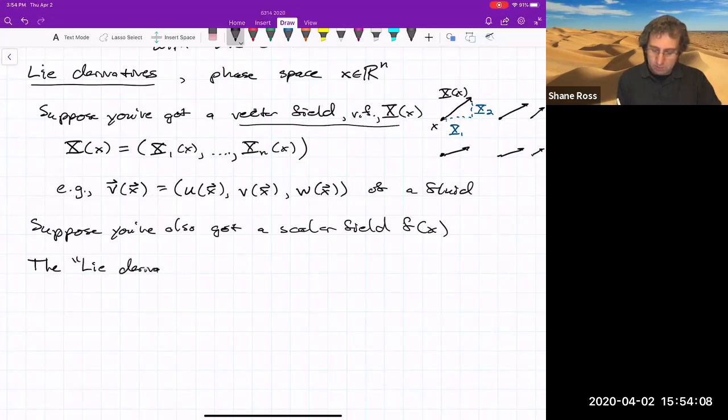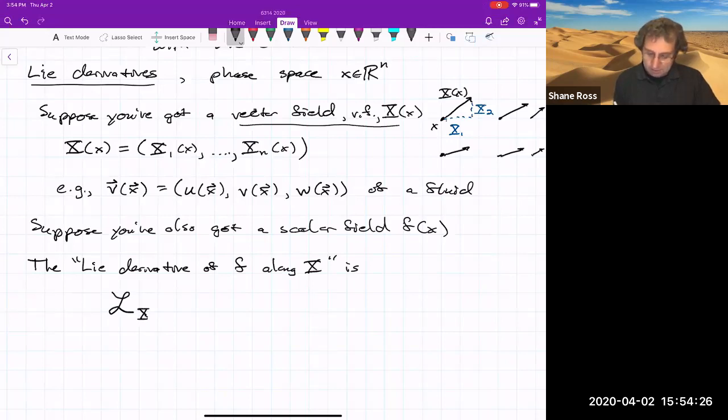The Lie derivative of F along the vector field X is, and this is where you get to write the fancy L, this is how it gets written, the Lie derivative with respect to the X vector field of F. And all this is the directional derivative of F along X, which should be familiar from calculus.